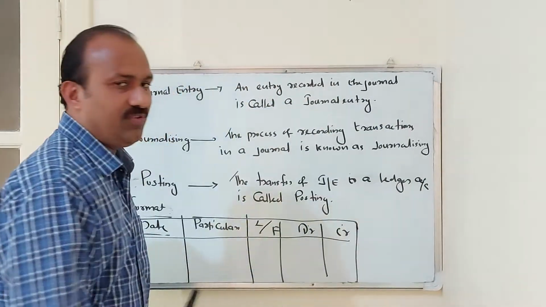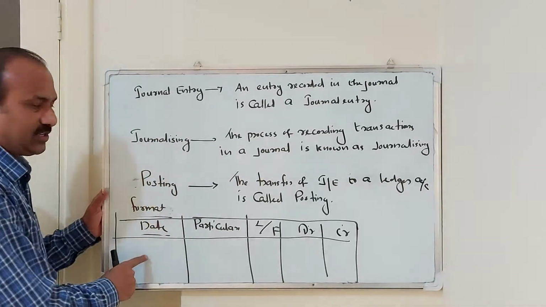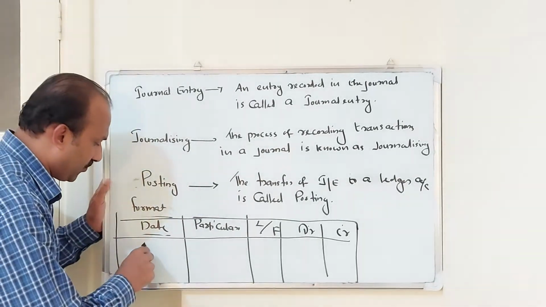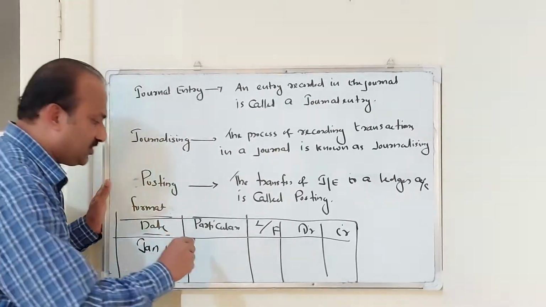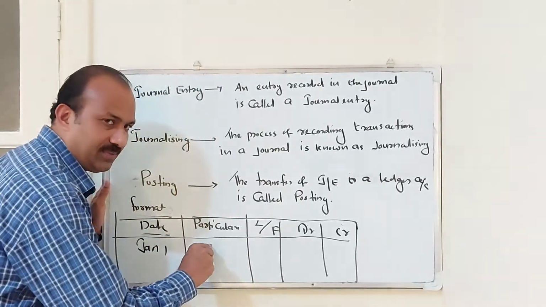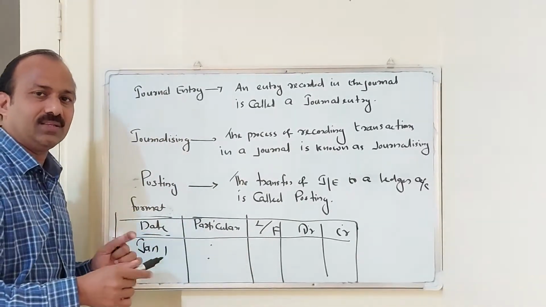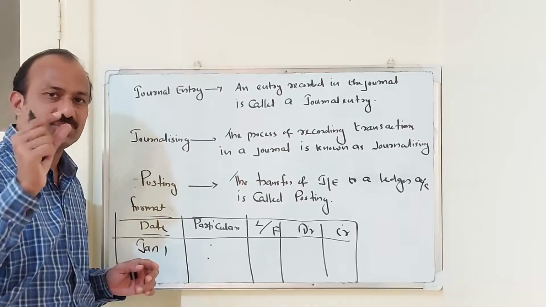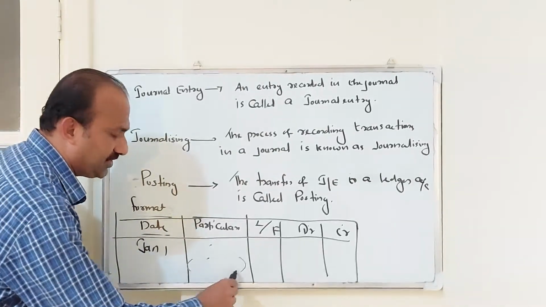Look here, how we will draw a journal. Firstly you write the date column, January 1. What is the transaction? Which one is debit? You write the debit first and the credit second. Then for each transaction you write, you give an explanation, which is known as narration.